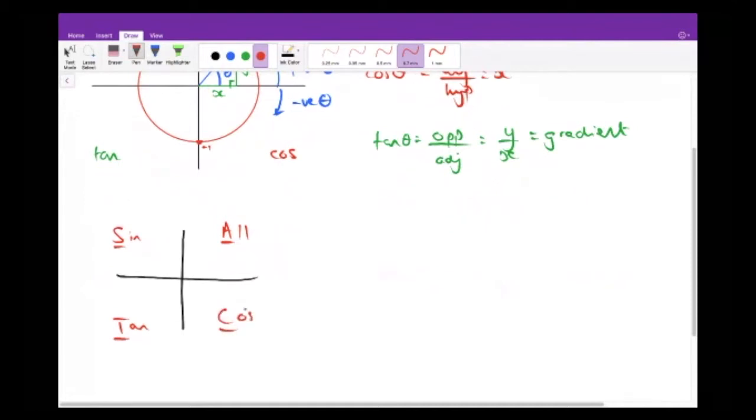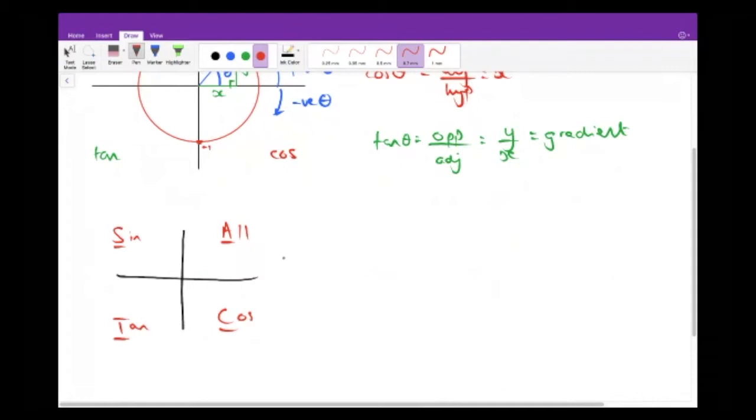So some people remember this as the CAST diagram. I actually begin with the A because that reminds me that I start measuring my angle here in the A quadrant. So I always remembered, well, we live by a shop called Asda. So we said Asda sells tasty chicken. But you could say all students to Cambridge, all stations to Calcutta, anything that's going to help you remember this order.